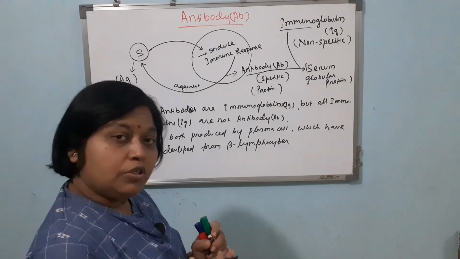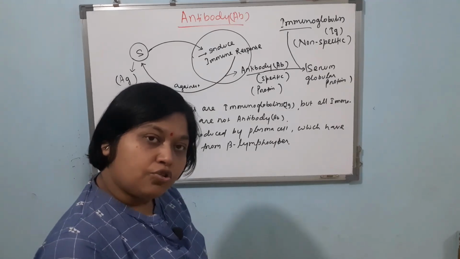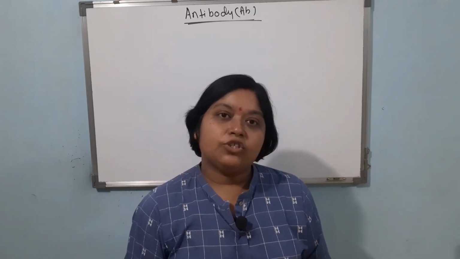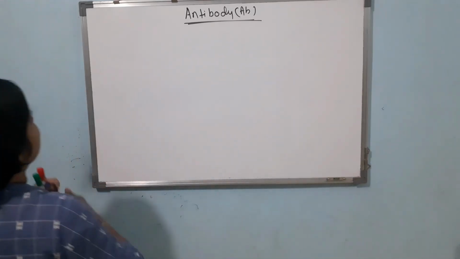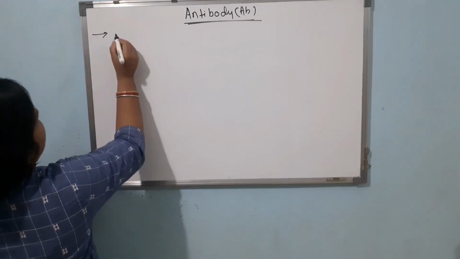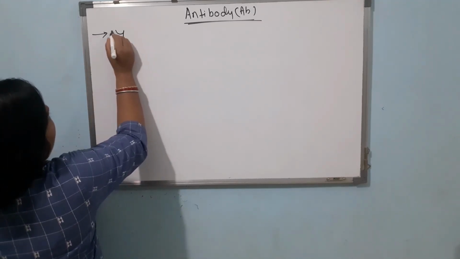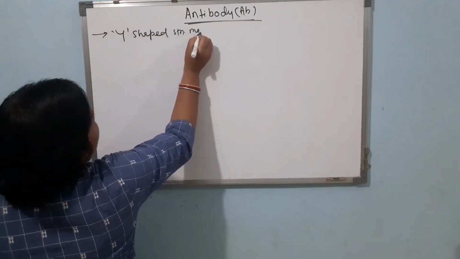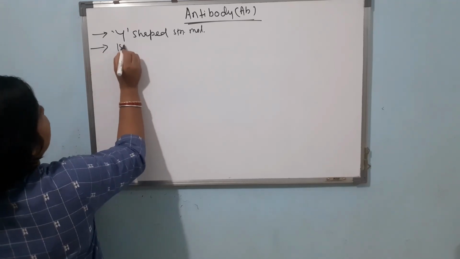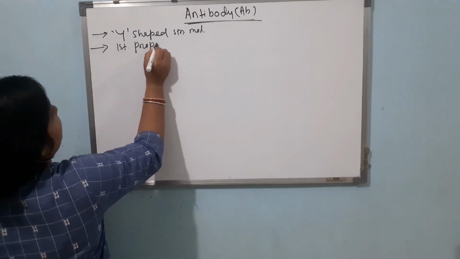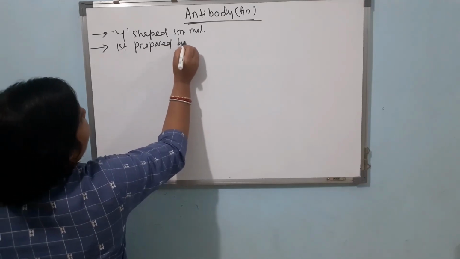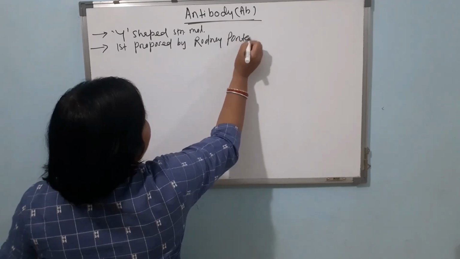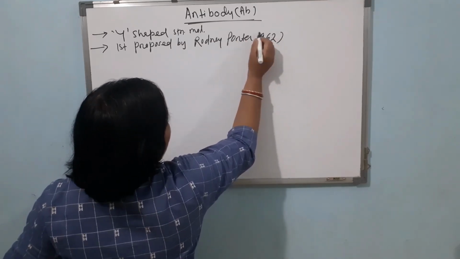Now we will discuss about the structure of antibody or structure of immunoglobulin. If you go for the basic structure of antibody, it is a Y-shaped structure molecule found in body serum. It was first proposed by Rodney Porter in 1962.